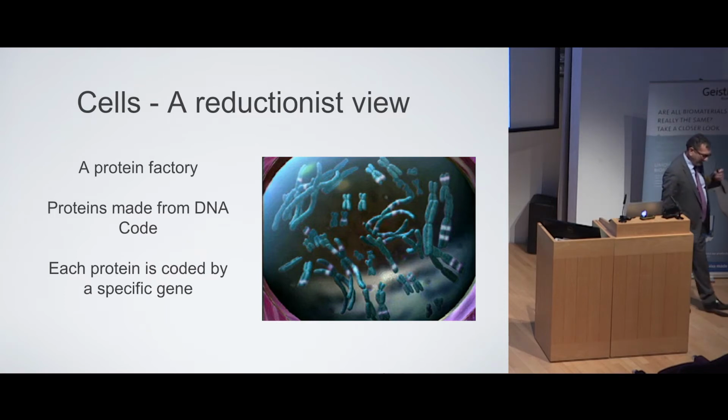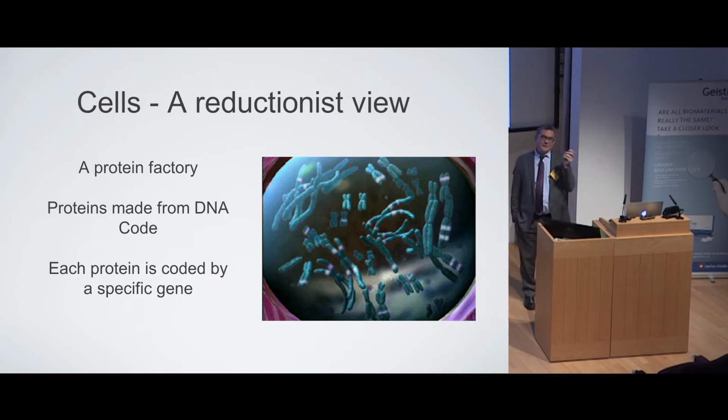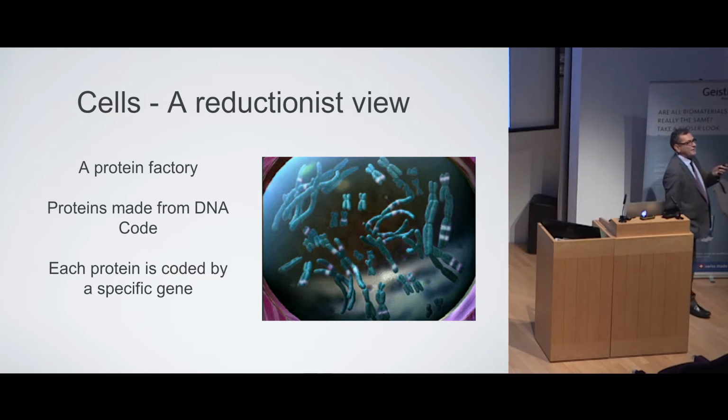So what is actually going on during differentiation? And what I'd like to do is take a reductionist view, perhaps a molecular biologist view, which is not my main profession. But essentially, a cell is a single thing. It's really just a protein factory. Everything a cell does is because it makes proteins.